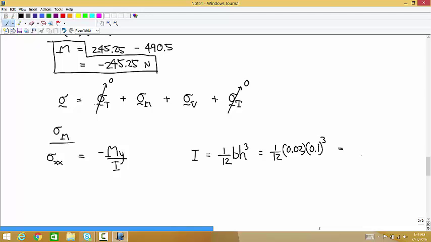And so you get 1.6 repeating times 10 to the minus 6 meters to the fourth. And so the XX stress is equal to negative bending moment. So the bending moment is negative 245.25.